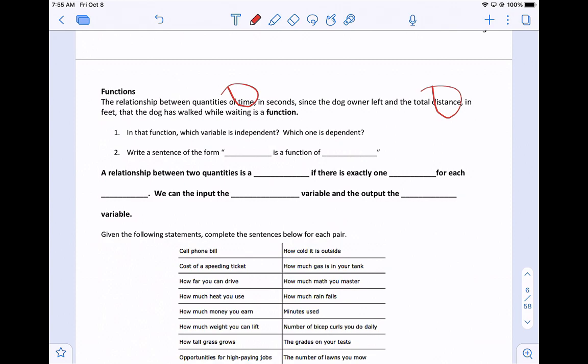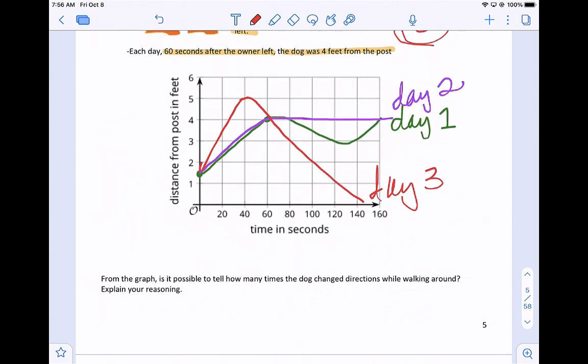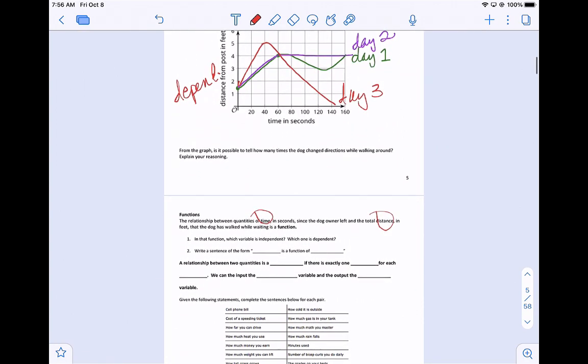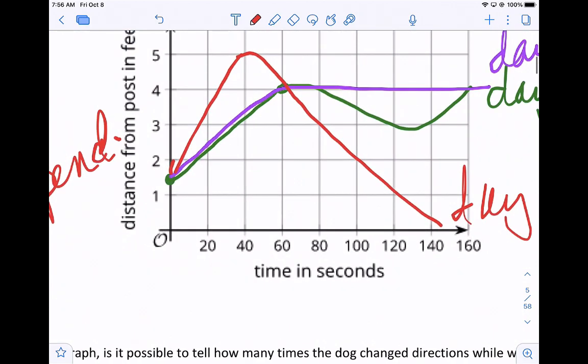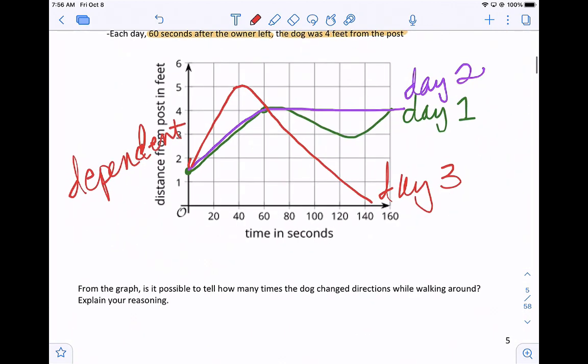In that function, which variable is independent, which is dependent? Okay, so dependent means it depends on the independent variable. And I would say distance from the post is dependent because it depends on the time in seconds.